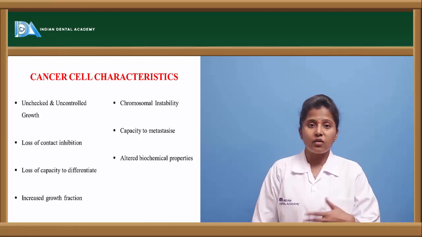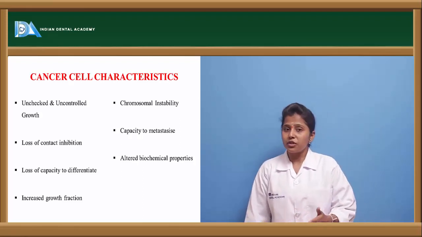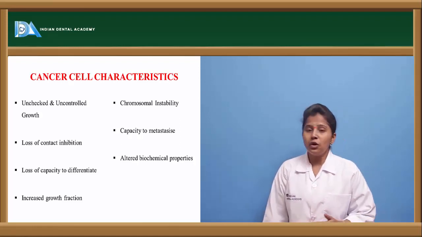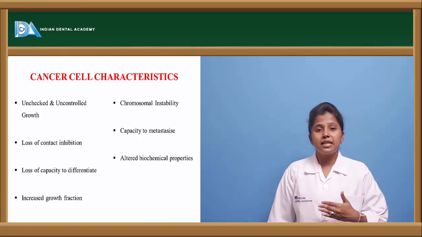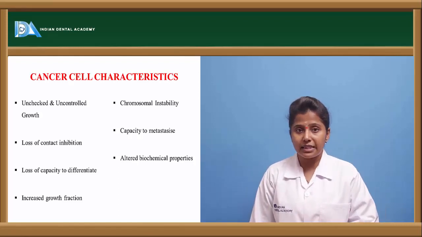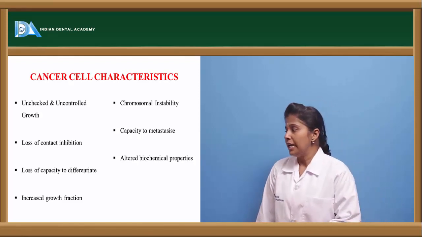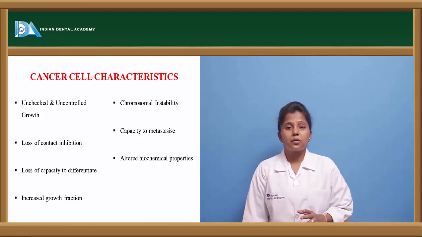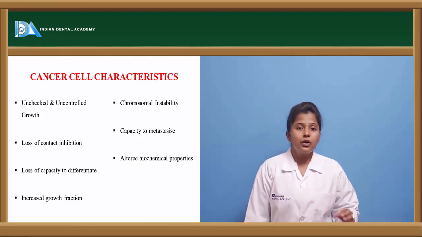They may alter, or there may be fluctuation in the number of chromosomes in the cancer cell. Incapacity to metastasize: they don't have the capacity to undergo the process of metastasis. And altered biochemical properties: they don't have the same properties or same function as the normal cell.